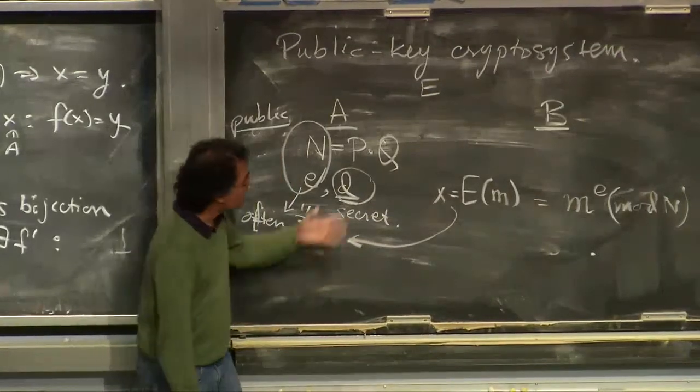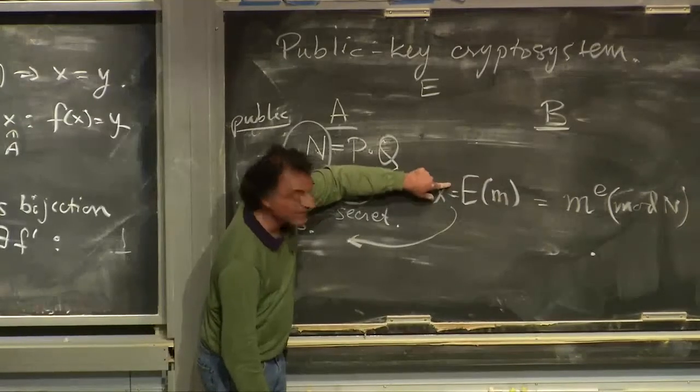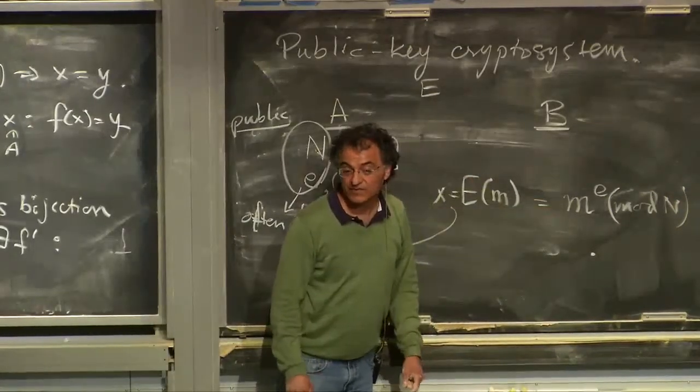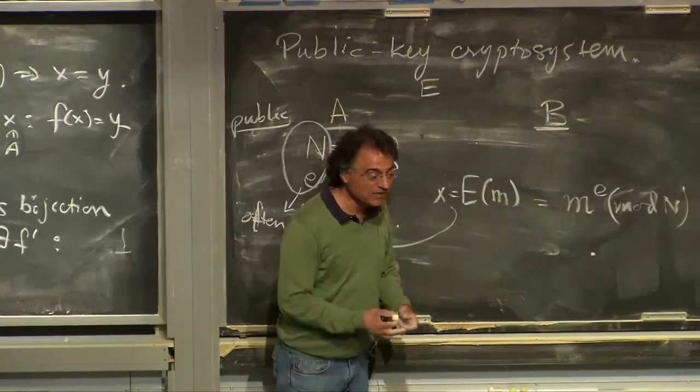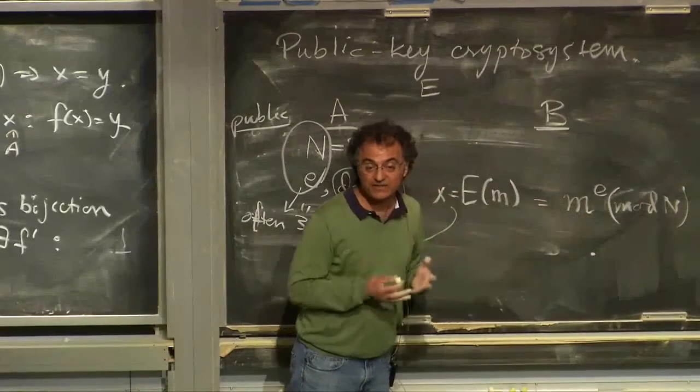Eve, meanwhile, is listening in on the line. She snoops, she figures out what X is, but she has no idea what M is. Because she doesn't know how to go from M to the E back to M. That's a very difficult thing to do.